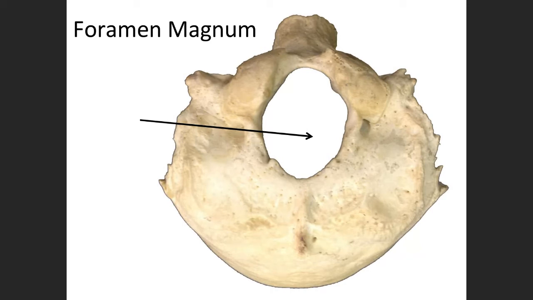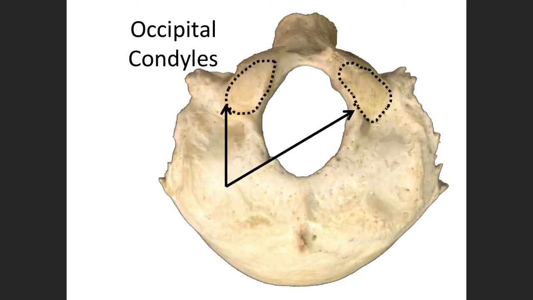On each side of the foramen magnum, here and here, we have what are called the occipital condyles. A condyle is a projection off of a bone. It's a bony projection, but it's smooth and rounded because it's going to form an articulation, and an articulation is a joint. So these parts of the occipital bone are going to form a joint with another bone.